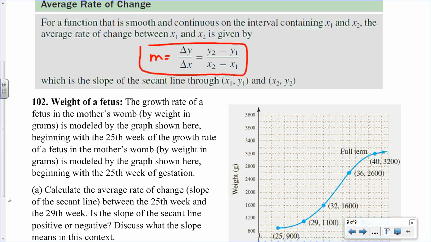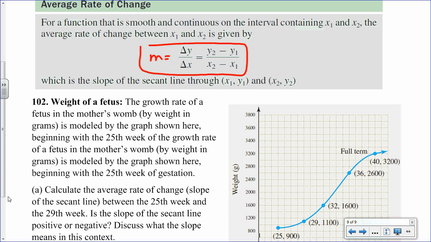Okay. So I know this might be a little bit hard to see in the back. All right, the growth rate of a fetus in the mother's womb by weight in grams is modeled by the graph shown, beginning with the 25th week. So there's an endpoint here at the 25th week.